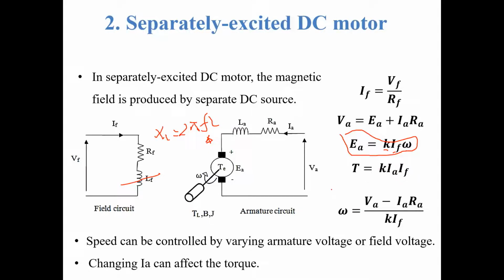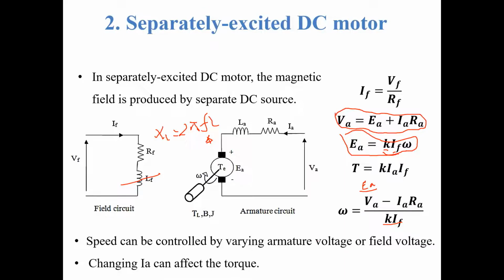So omega equals EA divided by KIF. But from this equation, you can derive EA equals VA minus IARA. So instead of EA, I can replace VA minus IARA.